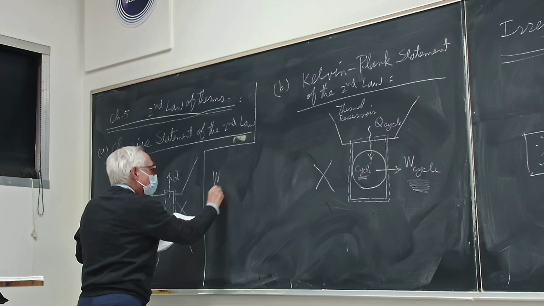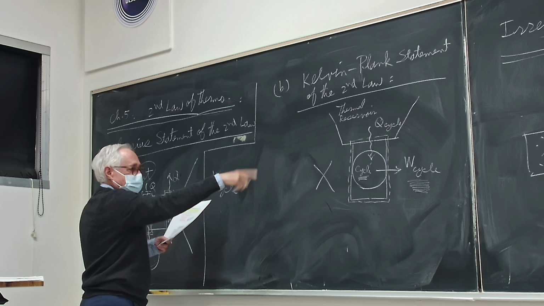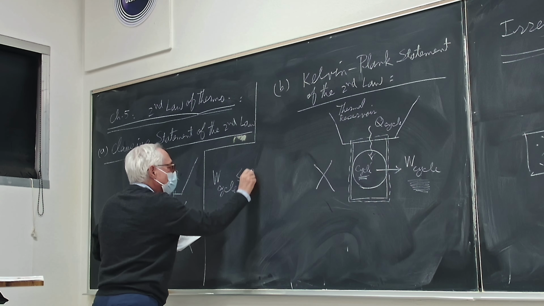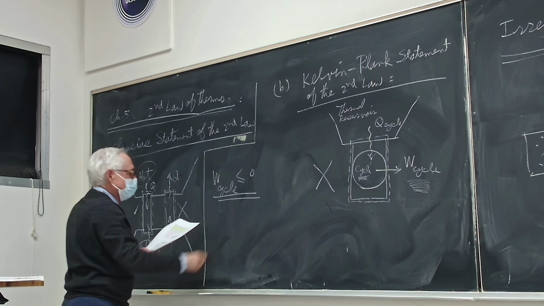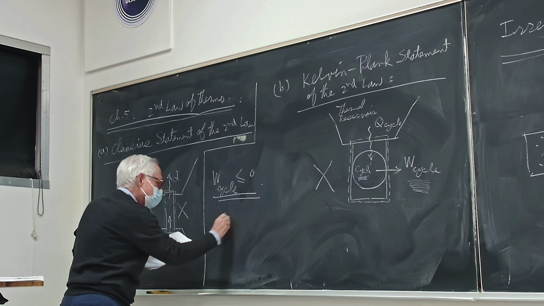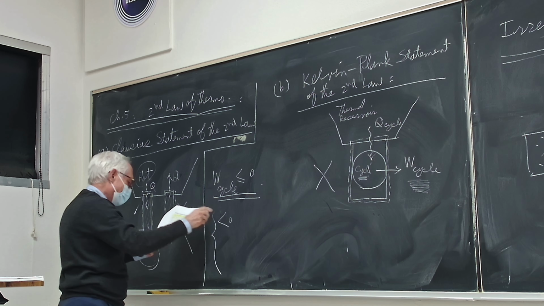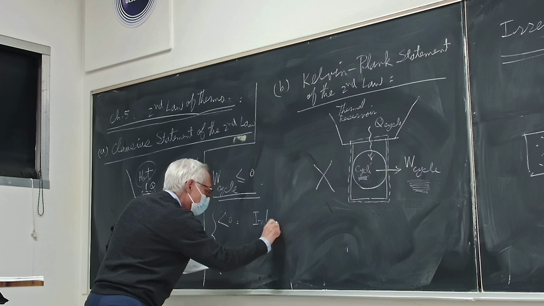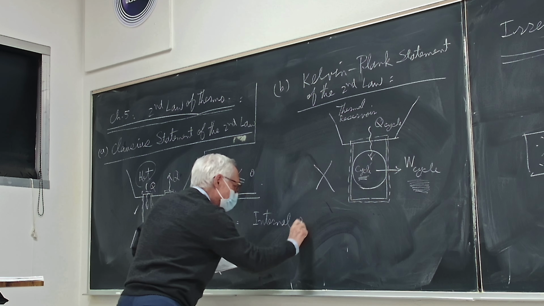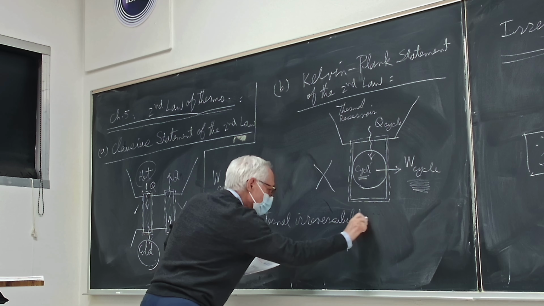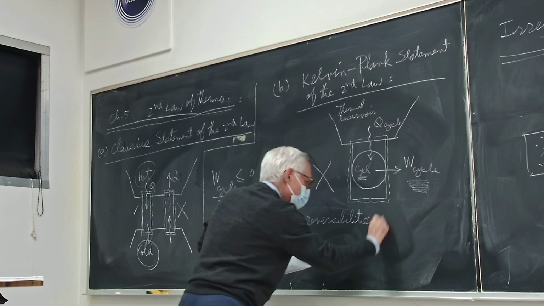If W cycle is less than or equal to 0, meaning that less than 0, I have internal irreversibilities present.